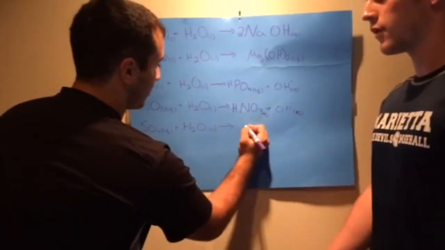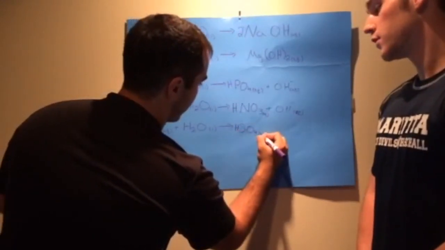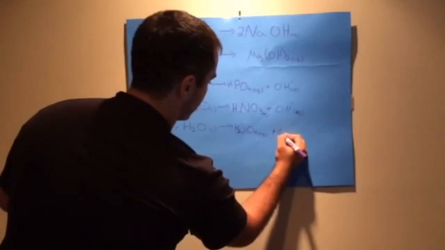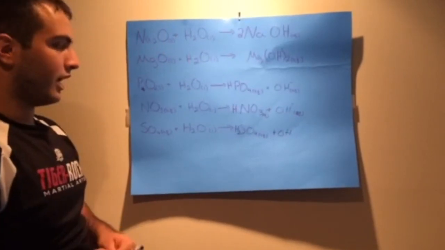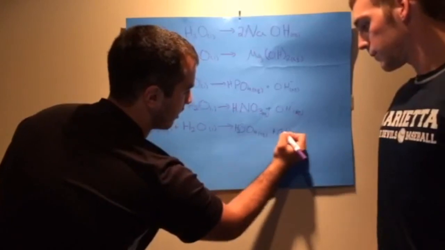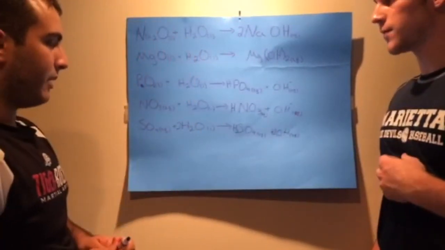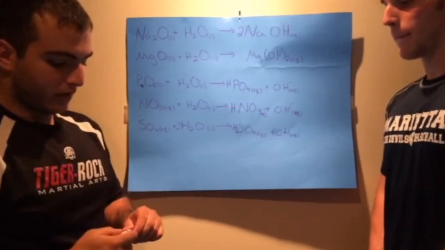Same thing for sulfuric acid: SO4 aqueous, H2SO4 plus OH. And the same thing is going to happen. We're going to have a balanced equation. Again, our pH is going to decrease, and we're going to have another acidic solution.